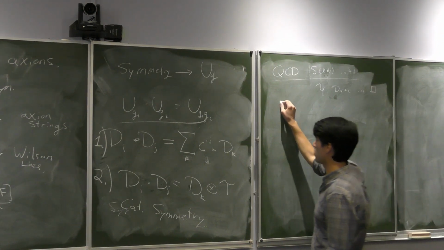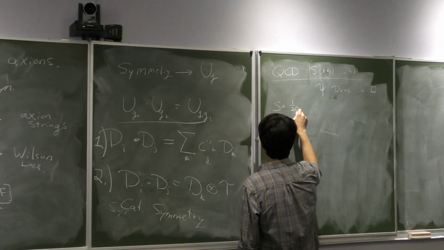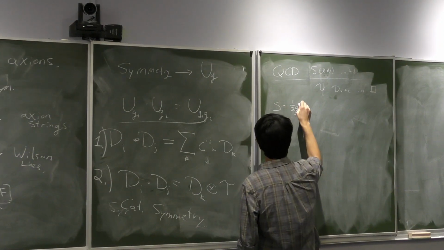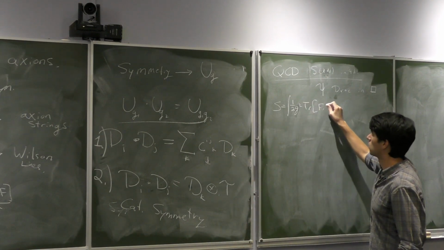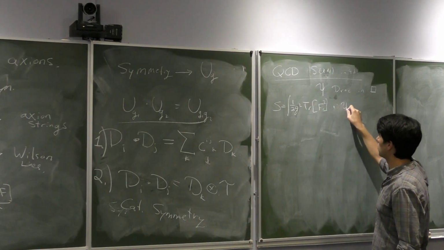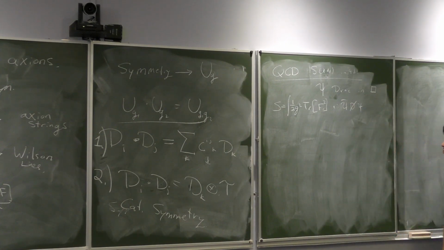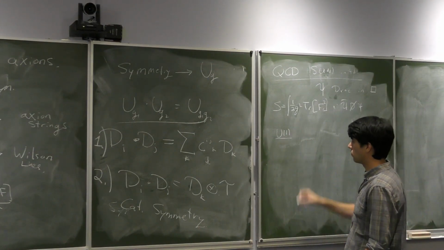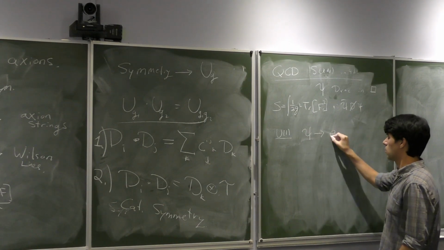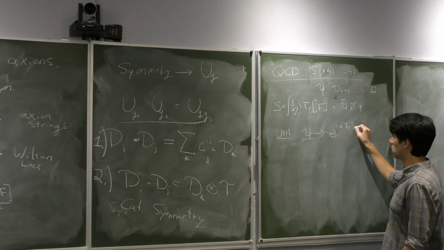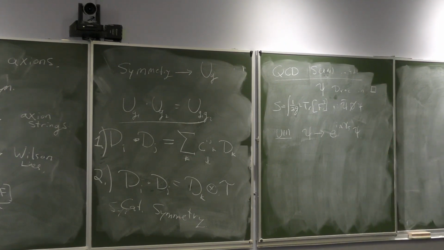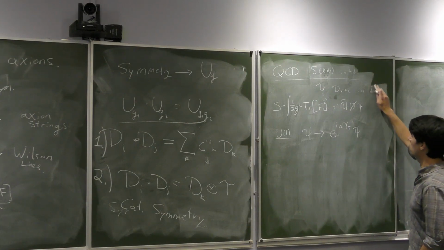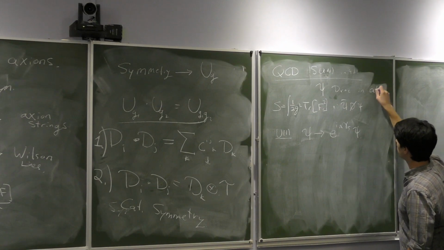So this theory has an action. This theory has a classical U(1) global symmetry, which rotates psi by a chiral phase. Sorry, I'm going to change what I just said. I'm going to take this to be in the adjoint representation.